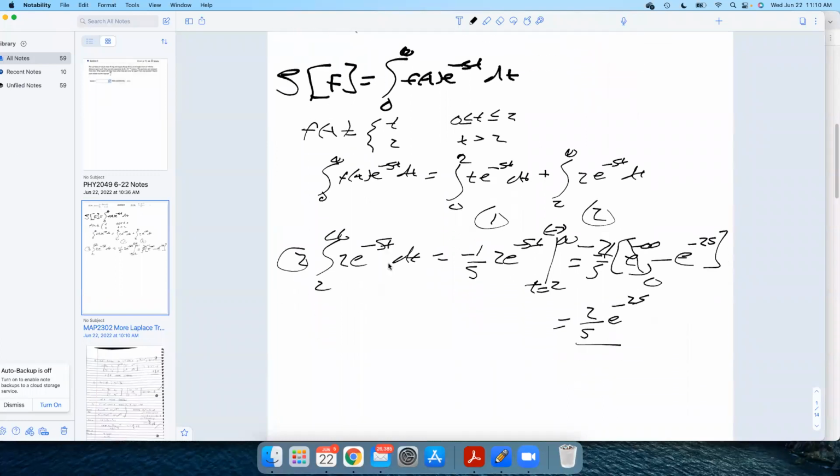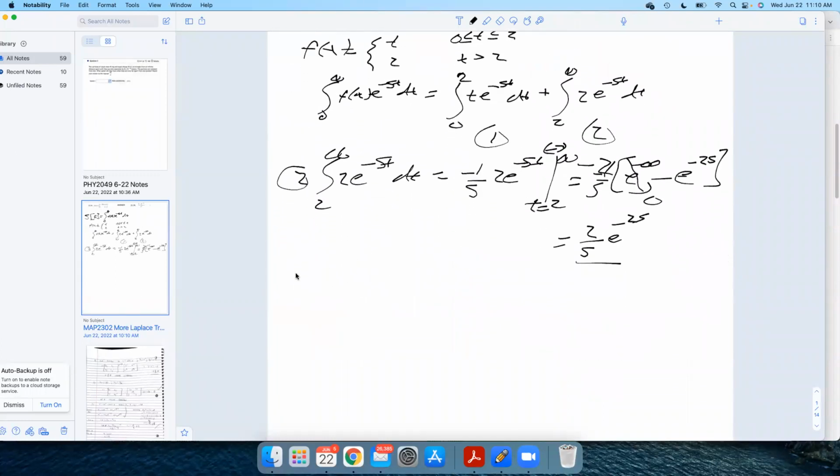Now we're going to do 1, and that's going to be an integration by parts. So I have the integral from 0 to 2 of t e to the negative st dt.